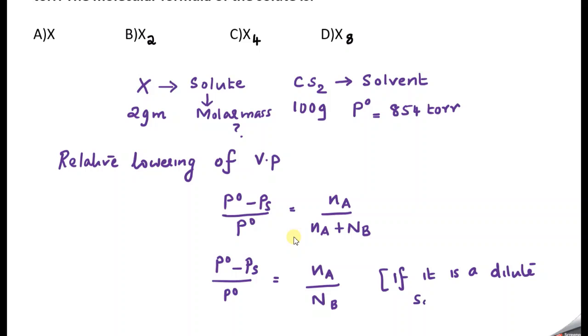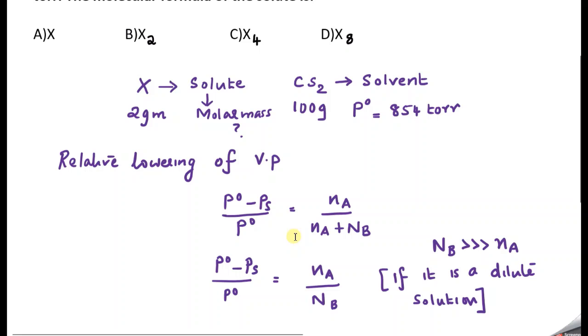We know that the number of moles of the solute is very less compared to the number of moles of the solvent. So we say if it's a dilute solution, Nb will be much greater than Na. So in the denominator term we can approximate this to Nb.